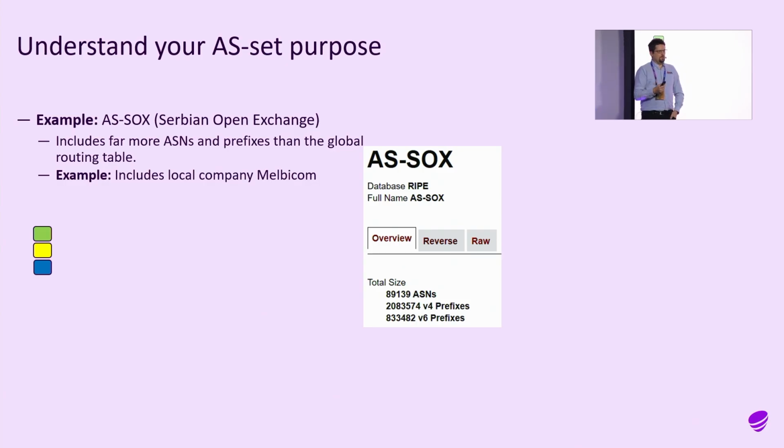So when you think about this AS set being used to generate filters on routers, you should think about, well, first of all, the sheer length of the configuration that will be pushed into your router when trying to generate an IP prefix filter or an ASN filter based on this will be quite significant.